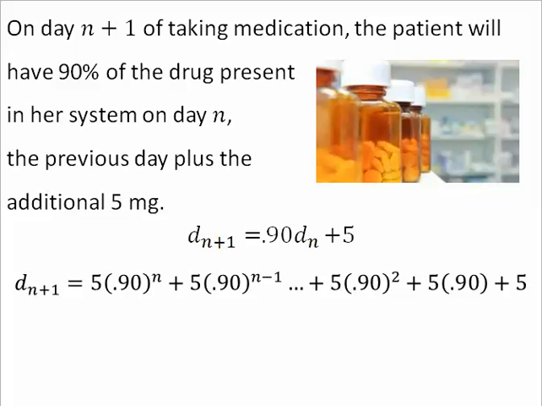And this is how you generalize it. D sub n plus 1 is 5 times 0.9 to the n plus 5 times 0.9 to the n minus 1, all the way down to plus 5. And we can put this in summation notation.